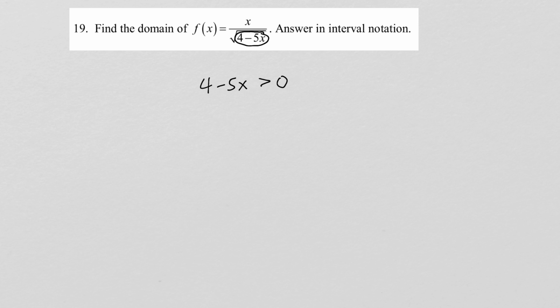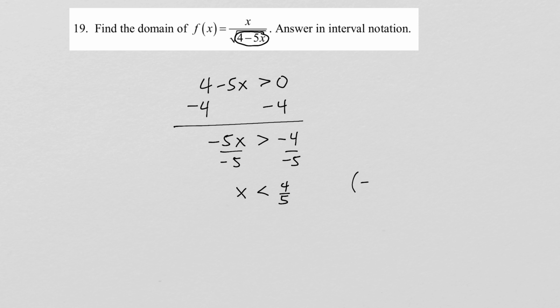Let's solve for x. We get -5x is greater than -4, and then dividing both sides by -5, we get x is less than 4/5. This is our domain. So if x is less than 4/5, it means that x can be any number from negative infinity up to 4/5.